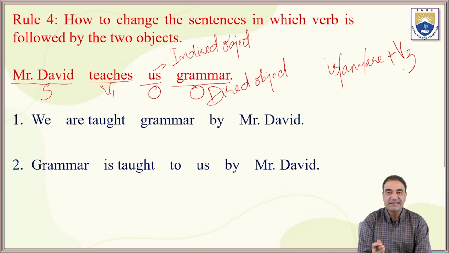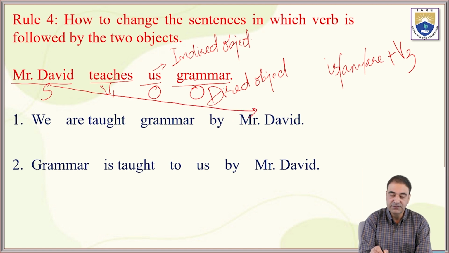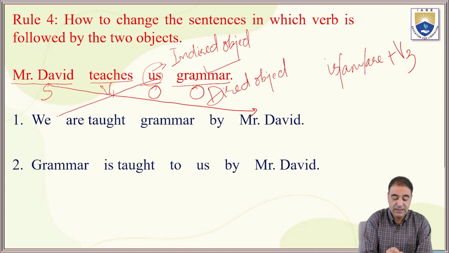Now, interchange the place of subject and object. David will come at the position of object. First we will change "us", then we will change "grammar". "Us" will come at the position of subject.